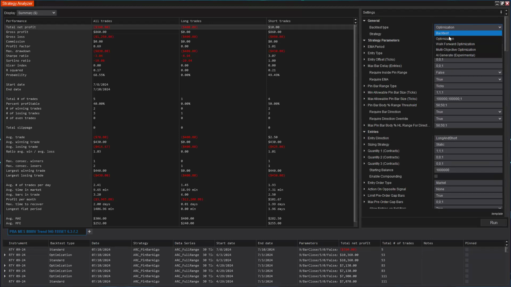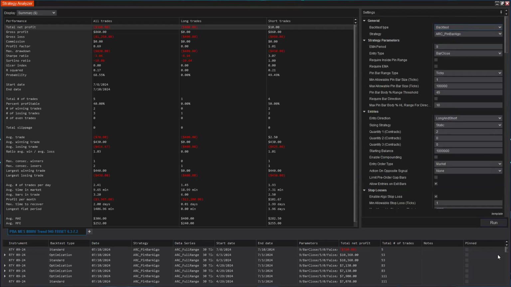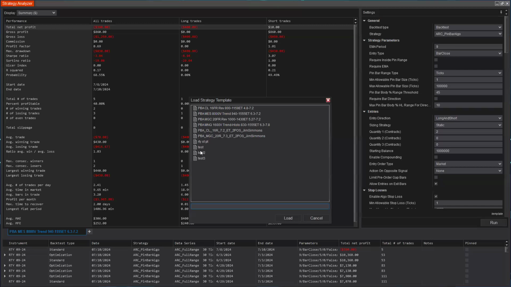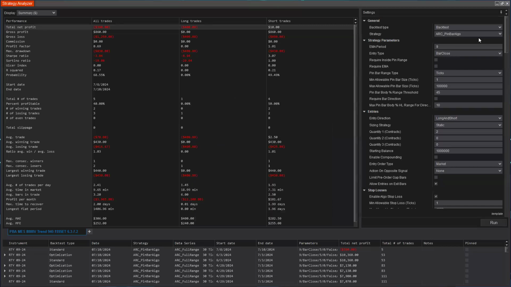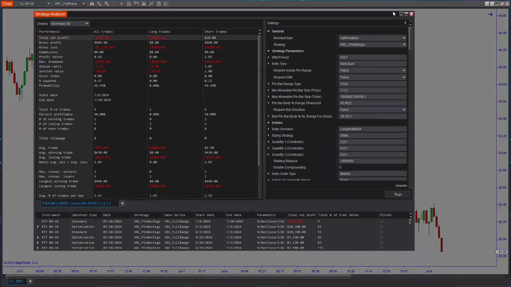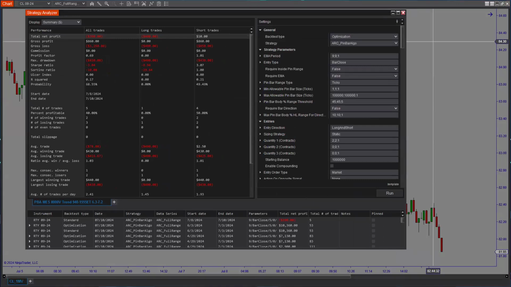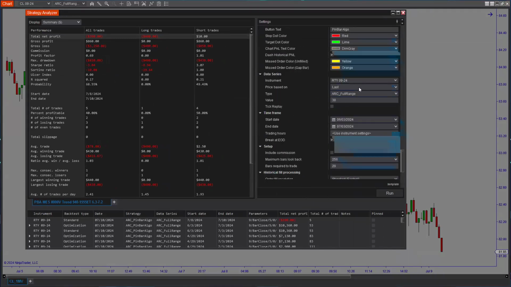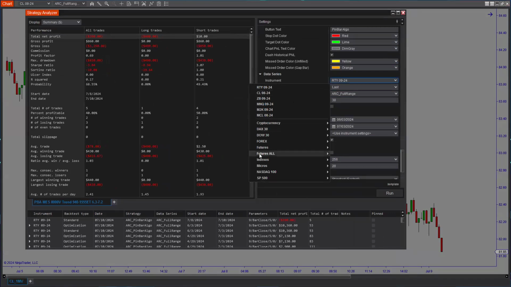Let's go to YM and let's take a look. So let me move this over so I can see a little better. First thing I'm going to do, I'm going to go to YM. We'll stick with the full size.